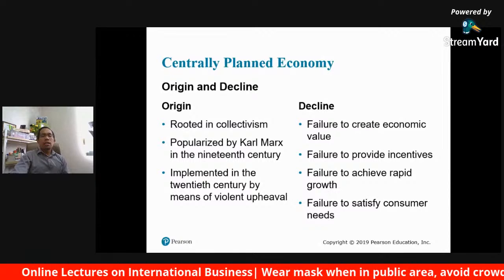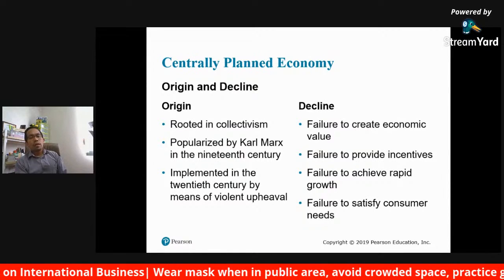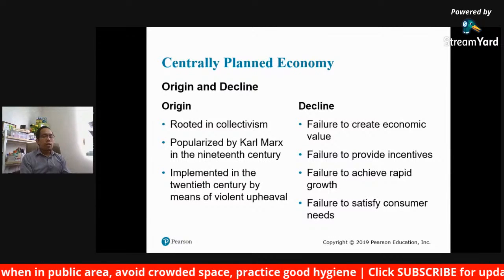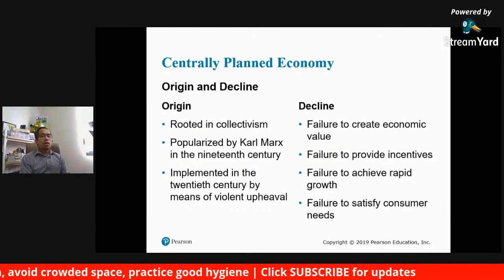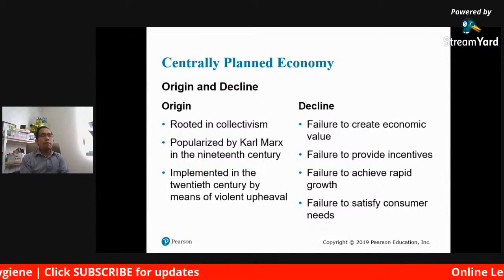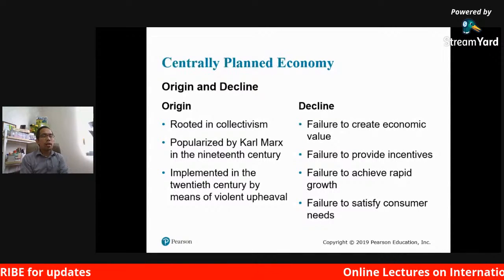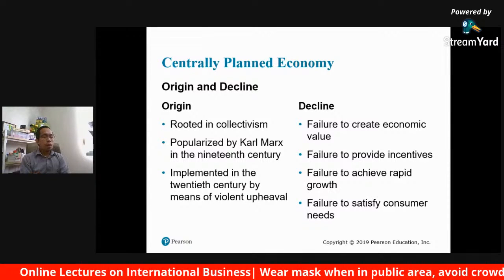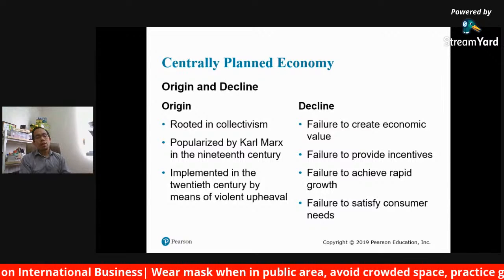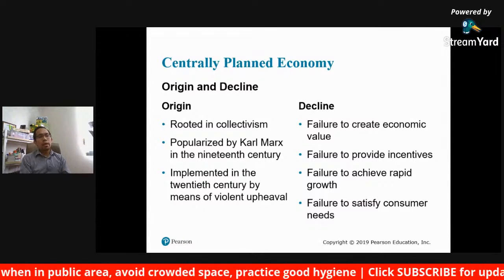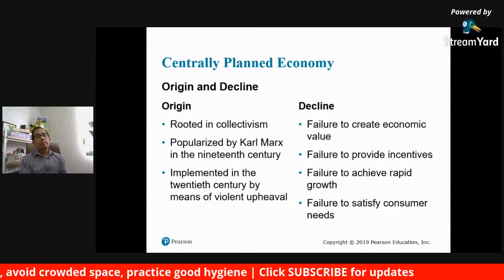A centrally planned economy comes from the idea of collectivism. Collectivism means we uphold every single person's voice. We are talking about giving the same level of economic distribution.